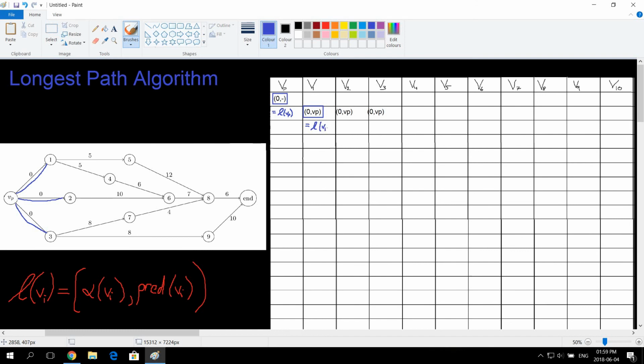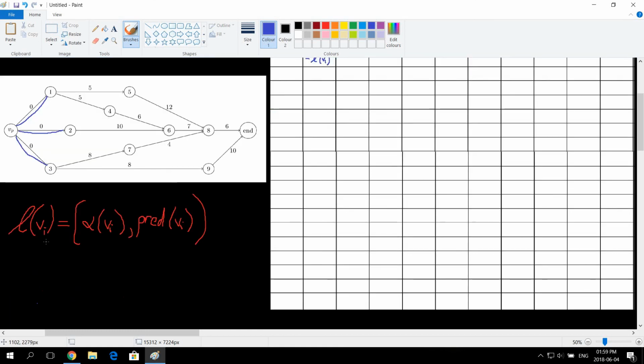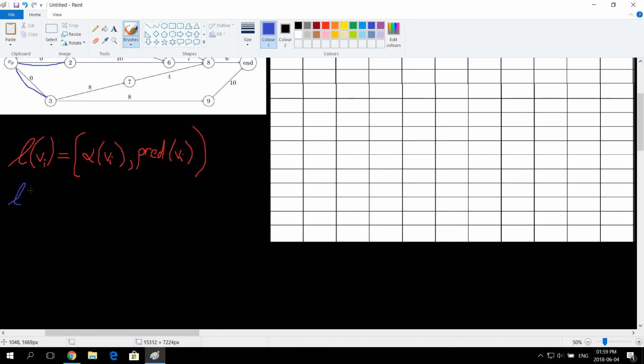The label is V1, and it came from VP. So as you can see now, we basically wrote down the first one, L of V1. If I want to write it out, it's going to be the alpha was 0 and the predecessor was VP.